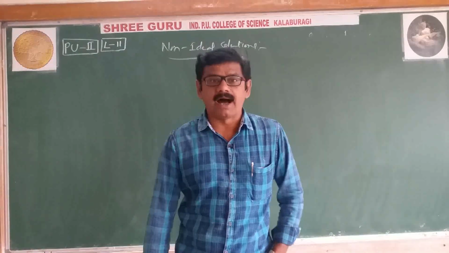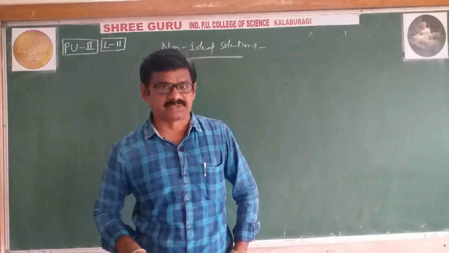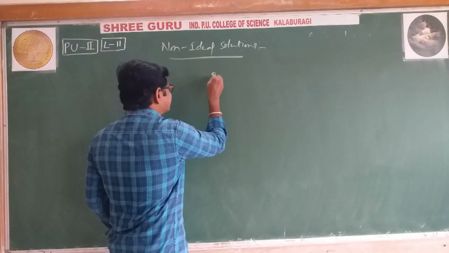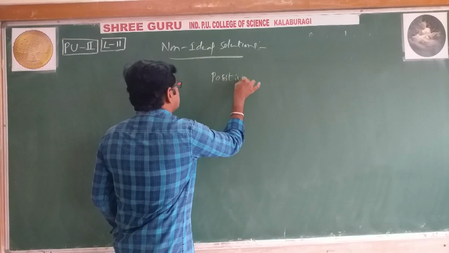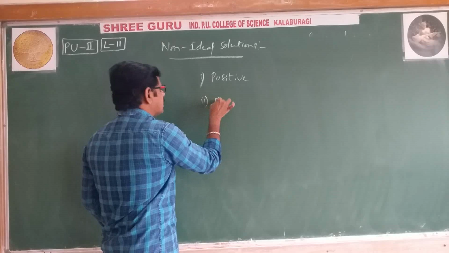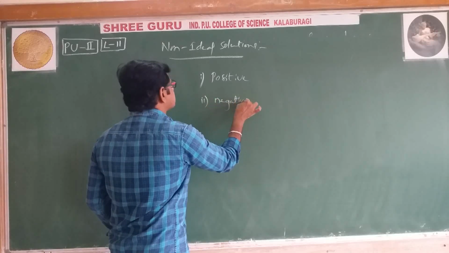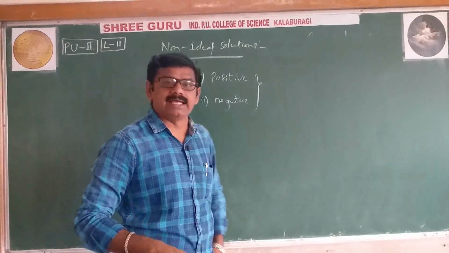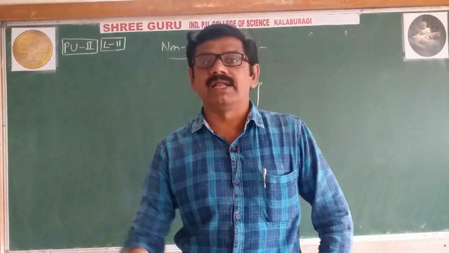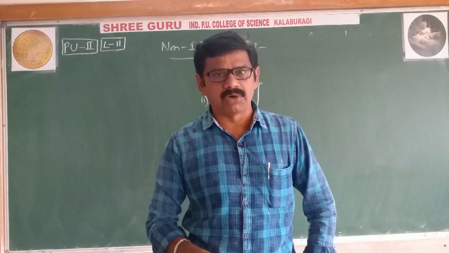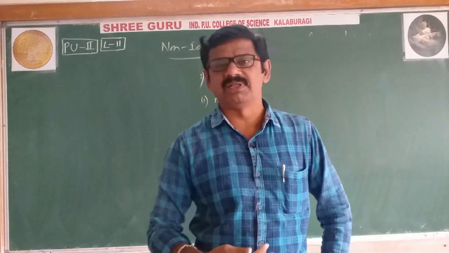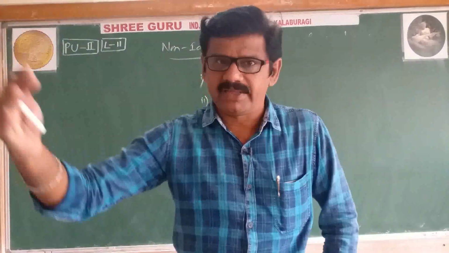Non-ideal solutions are of two types. One is a non-ideal solution with positive deviation, and the other is a non-ideal solution with negative deviation. We have to discuss the characteristics, examples and graph of positive deviation, and the same for negative deviation.